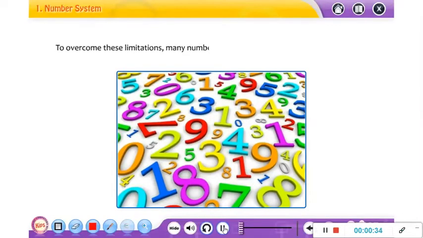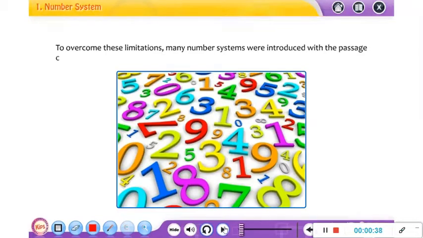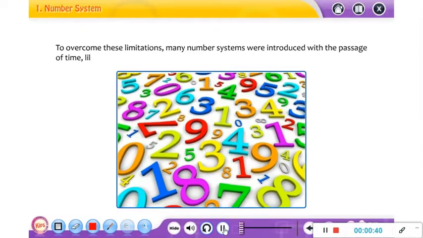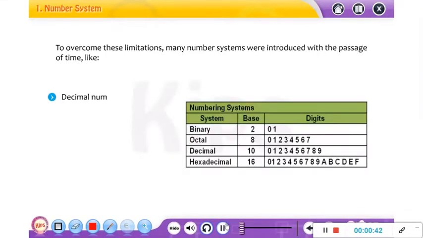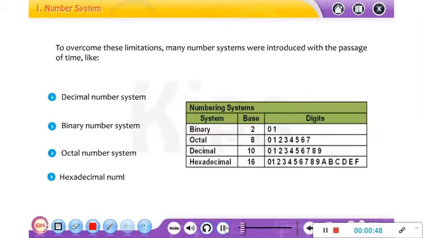To overcome these limitations, many number systems were introduced with the passage of time, like decimal number system, binary number system, octal number system, hexadecimal number system.